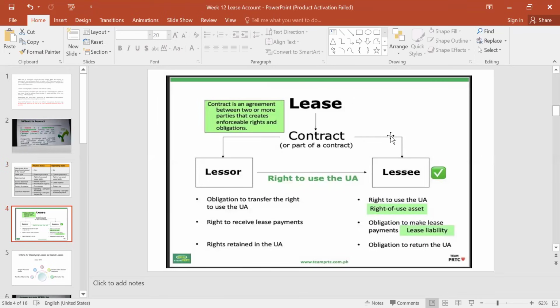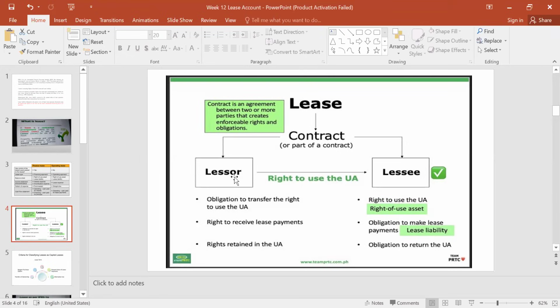There is another option: some basic similarities and dissimilarities about lease are mentioned in the slide. In the first box, the lease contract is mentioned. A contract is an agreement between two or more parties that creates enforceable rights and obligations. Then lessor and lessee.